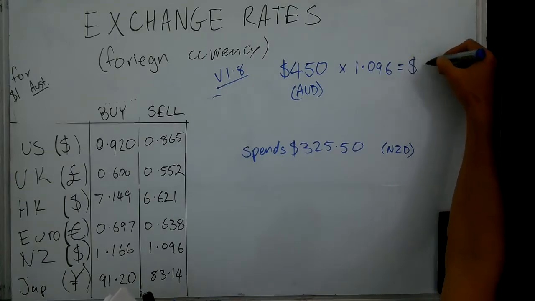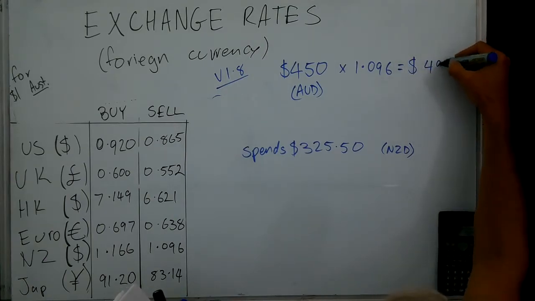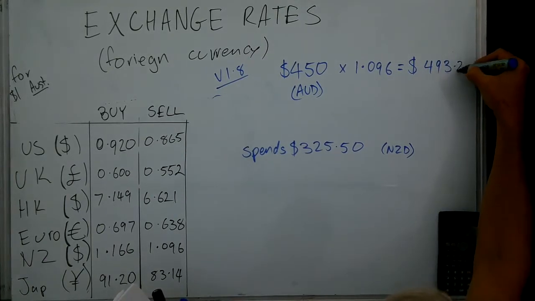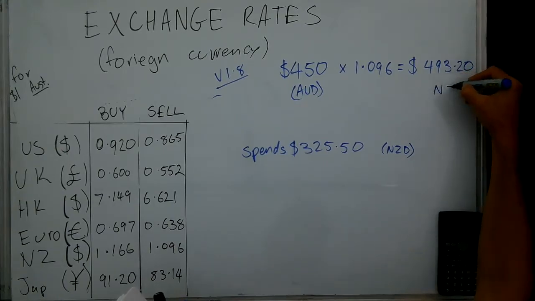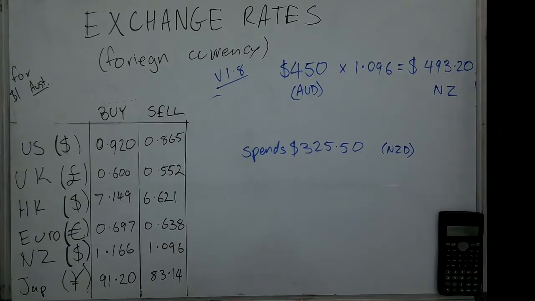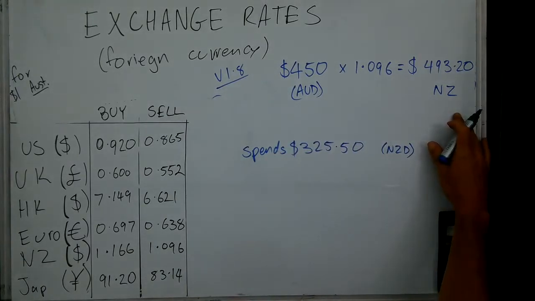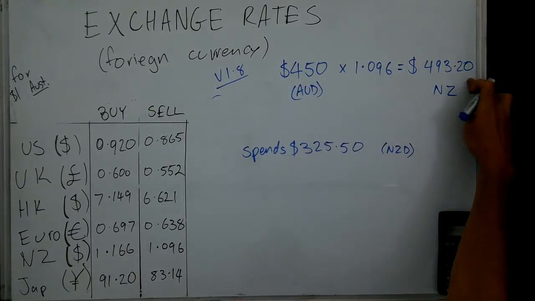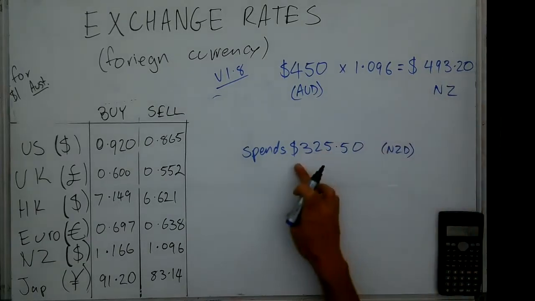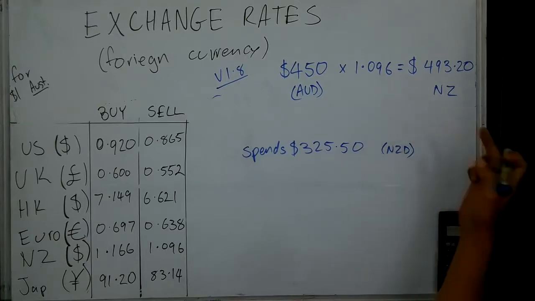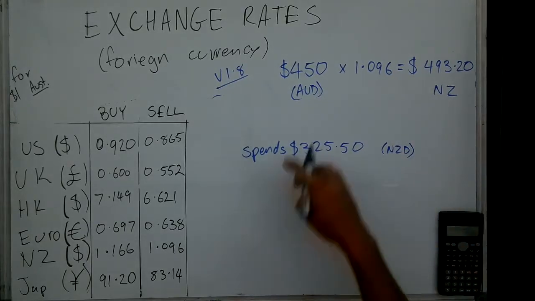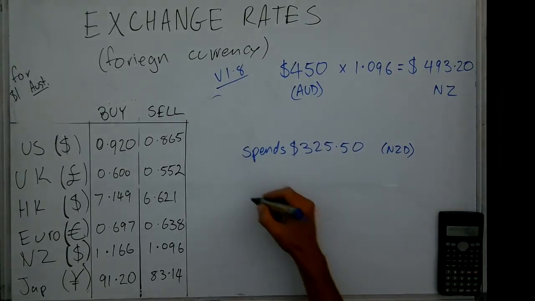So we get $493.20 New Zealand. Okay, so that's the first part of the question. So out of this amount of New Zealand dollars, Taylor spends this much. We work out how much we come home with, and then we convert that back to Australian dollars.